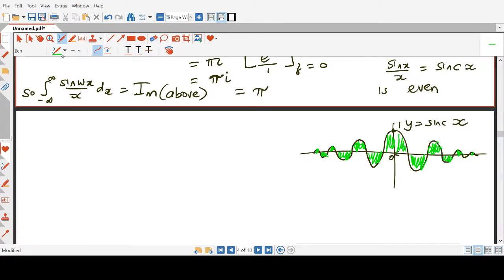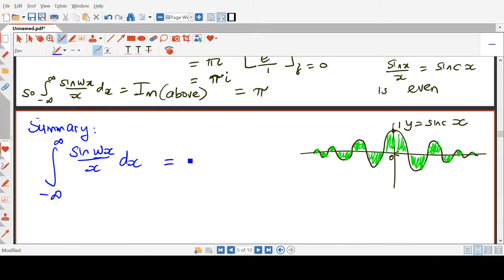Now, just to summarize this last result, which is a useful result in chapter 3. We can say the integral of sine omega x over x dx from minus infinity to plus infinity is pi, provided omega is positive.